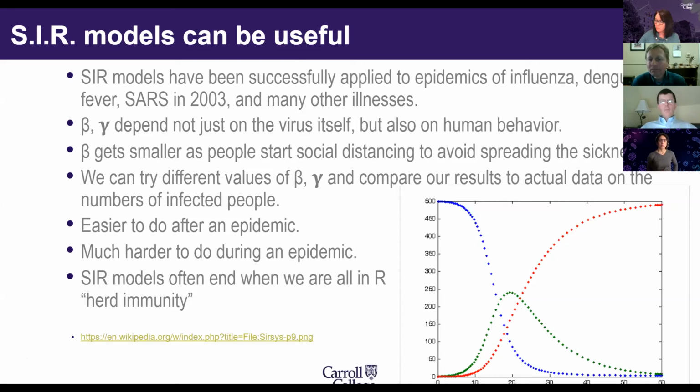But the important thing to remember is that we've made some really big simplifying assumptions. These numbers, beta, the getting-sick rate, and gamma, the getting-better rate, depend on a lot more than just the biology of the virus itself, but also on human behavior. When we start social distancing, that means people are going to get sick at a lower rate.